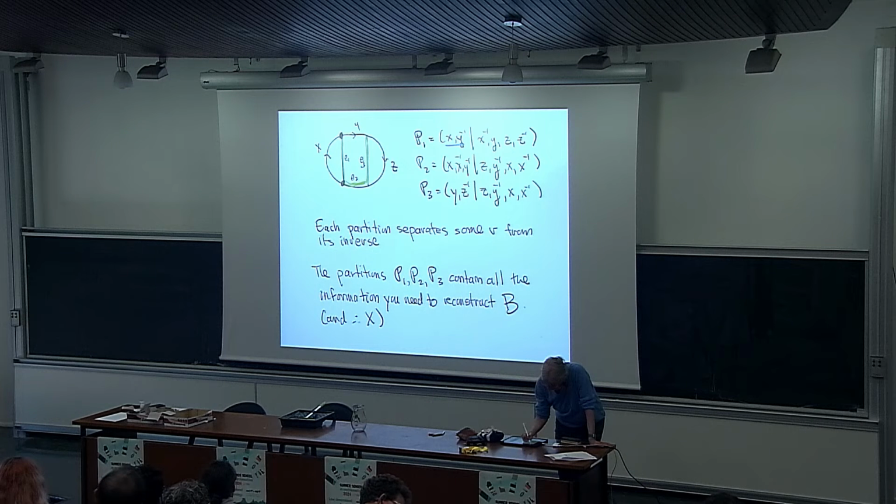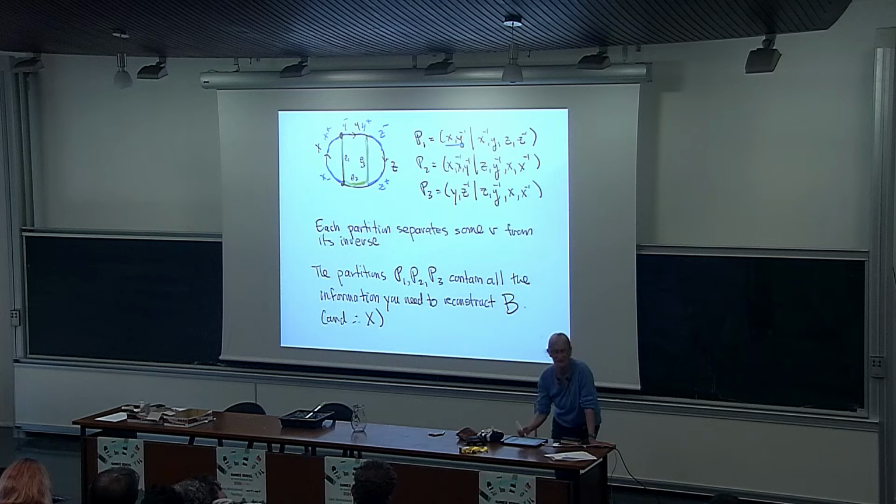So x has 2 half edges. It's got a front half edge and a back half edge. Y has 2 half edges, a front half edge and a back half edge. Z has 2 half edges. I call them z minus and z plus, x minus and x plus, y minus and y plus.